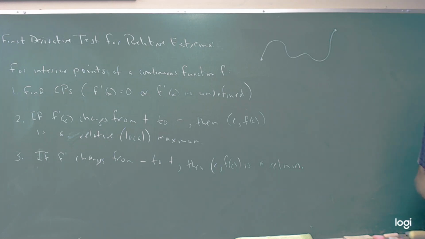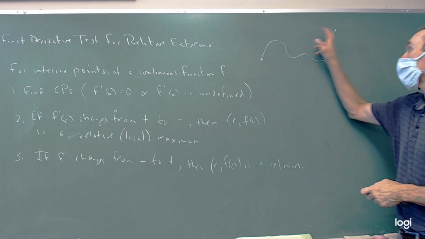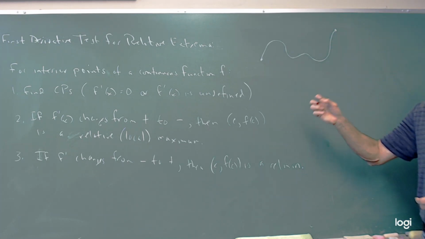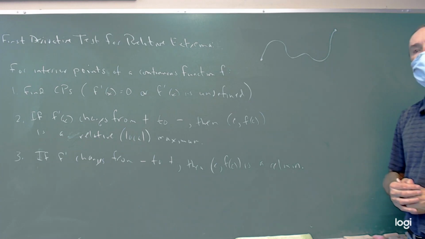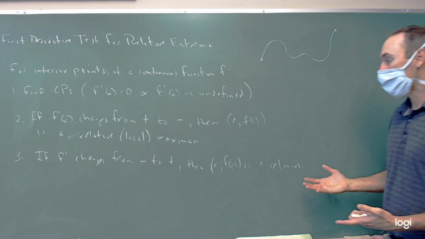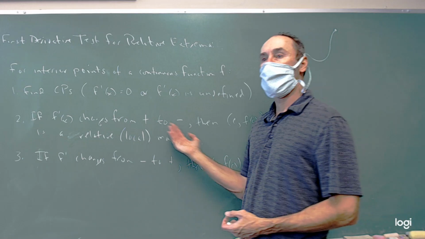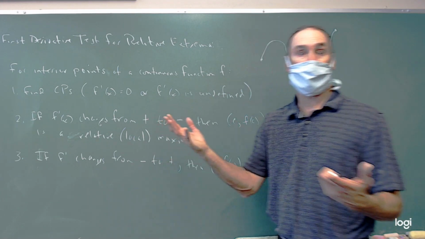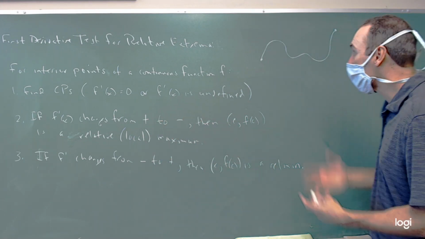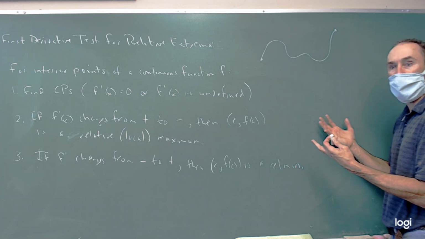Our author falls into that category. So in our textbook, they are going to ask you to consider the endpoints as possible relative mins and relative maxes. In that case, you can't really say that the derivative changes sign because it doesn't exist on the other side. So you just have to use the appropriate sign.